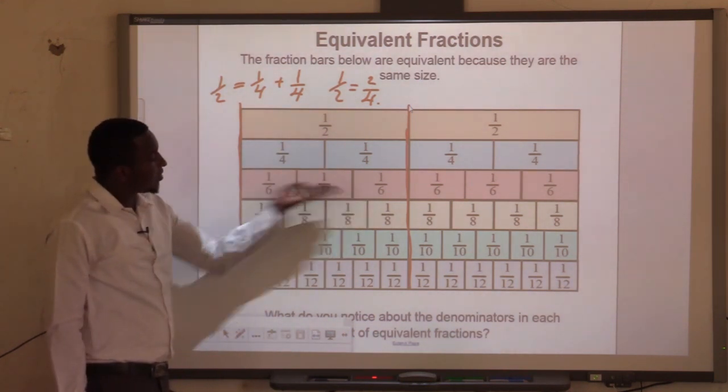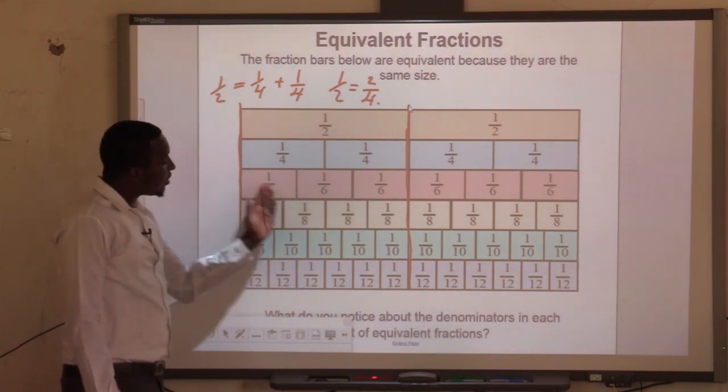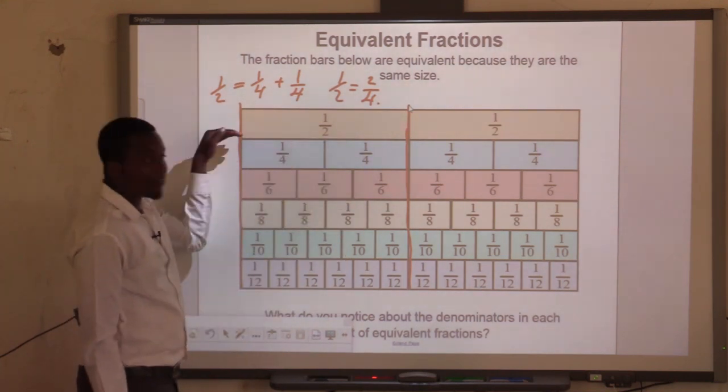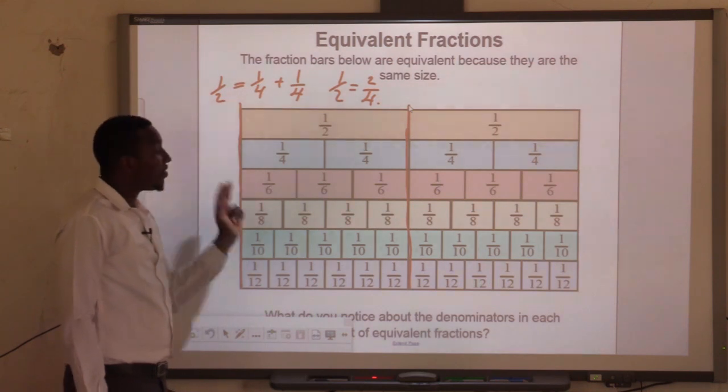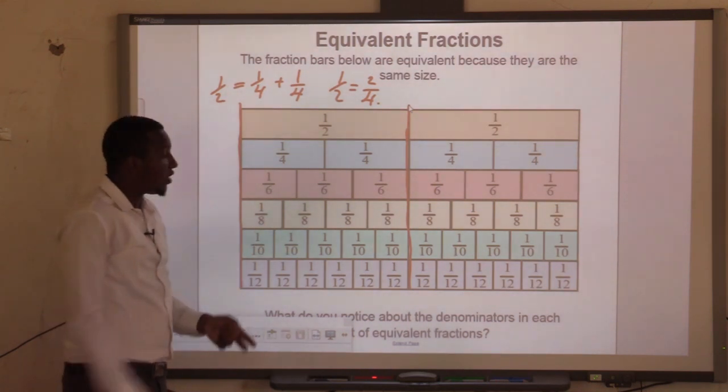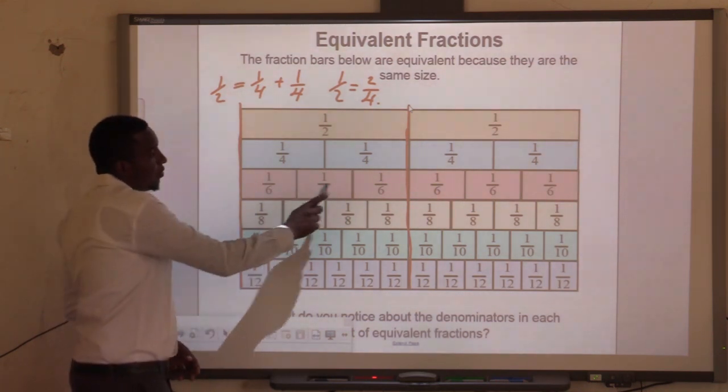Also, you can equally compare the half with the 1/6. If you look at the 1/6 here, how many 1/6 do we have under the half? We have 3 1/6. We have 1, 2, 3.